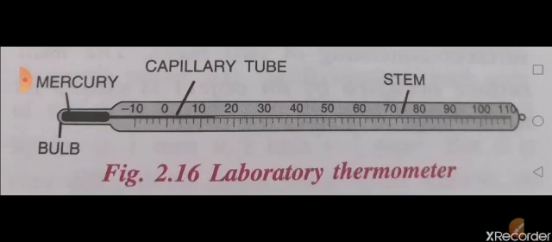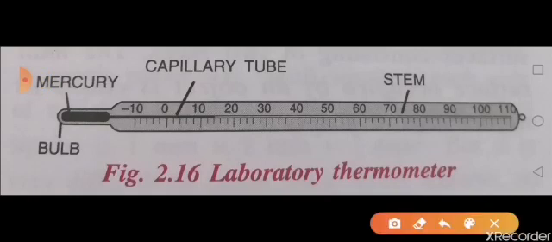Now let us come to the types of thermometers. First, let us discuss the laboratory thermometer. So this is how a laboratory thermometer will be. As you can see in the figure, the laboratory thermometer will have a marking from minus 10 degrees Celsius to 110 degrees Celsius. So that is the first difference between your laboratory thermometer and your clinical thermometer, right?